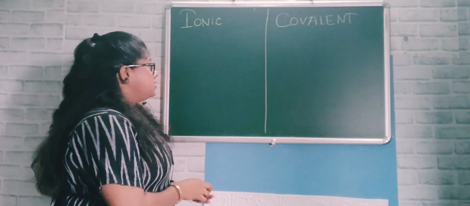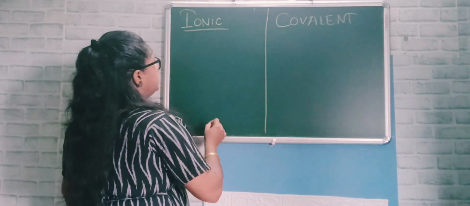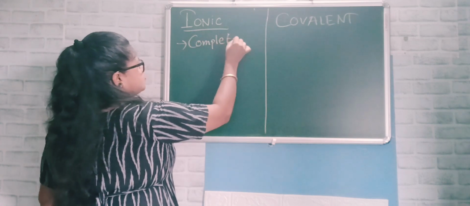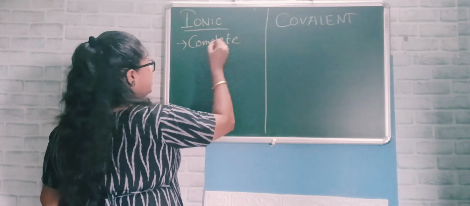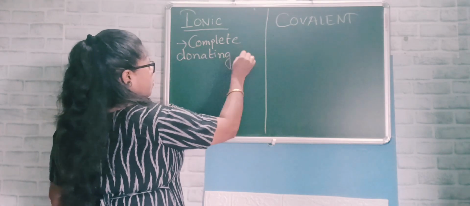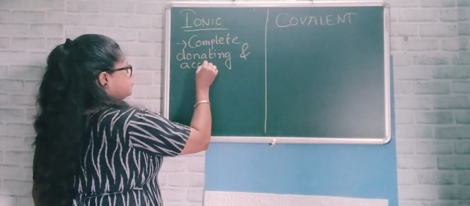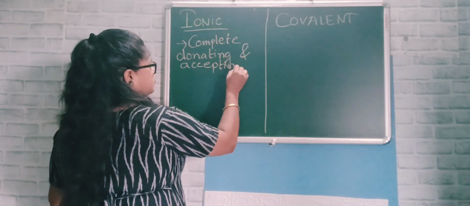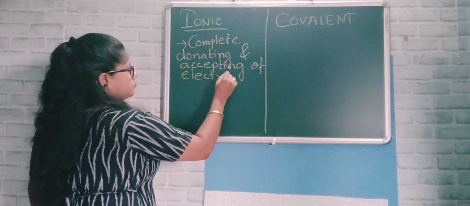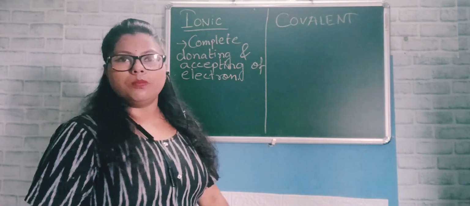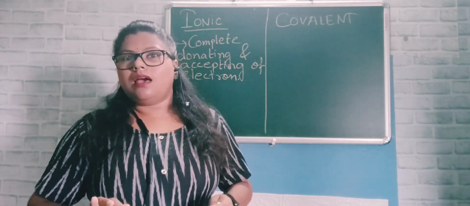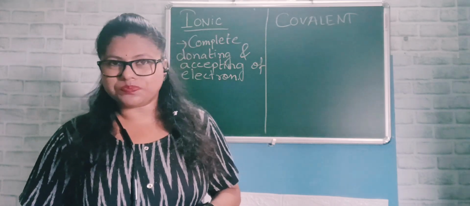In an ionic compound, there is complete donating and accepting of electrons. To make a bond between 2 elements, there should be some transfer of electrons.